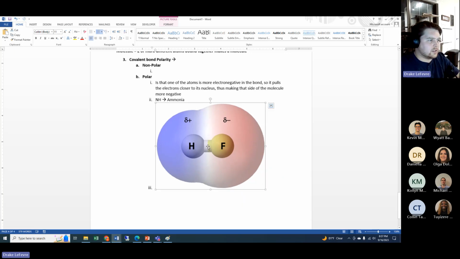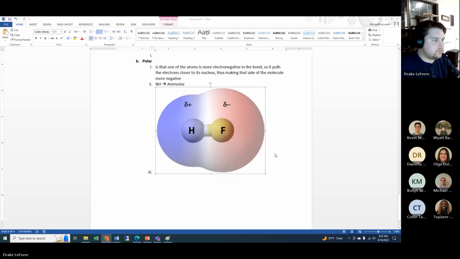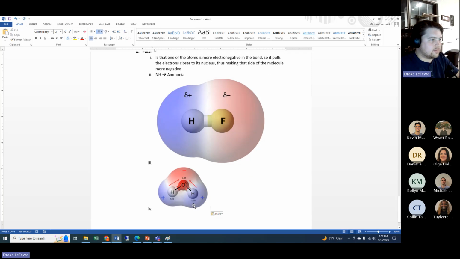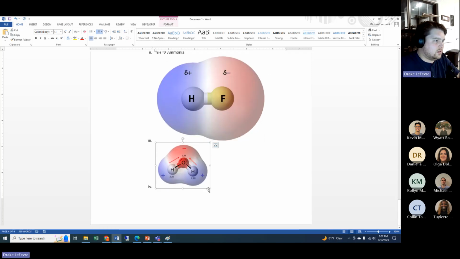So this is fluorine and hydrogen. Because fluorine is much more electronegative, this whole side of the molecule is going to be more negative, and this side is going to be more positive. Let me double check and actually confirm this.